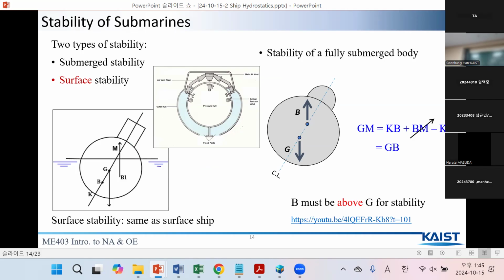But in submerged stability, there is no change of V or G, and B is also the same. That's why B should be above G. Above G, the reverse way. On a surface ship, G is usually above B. But here, B must be above G.